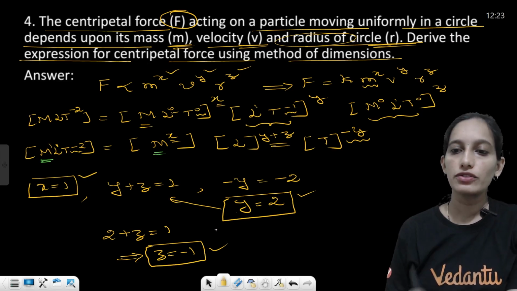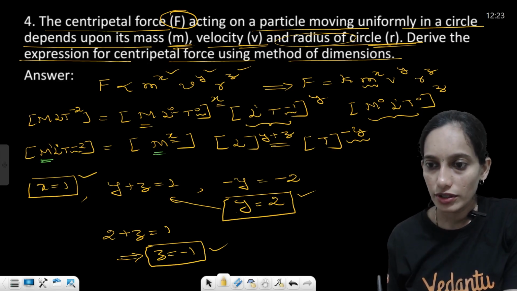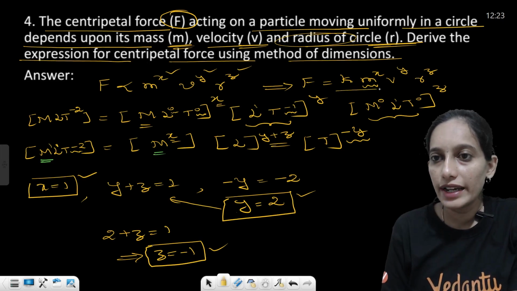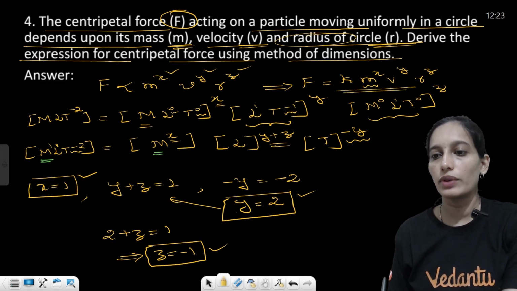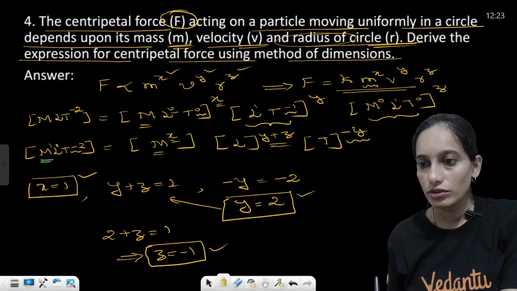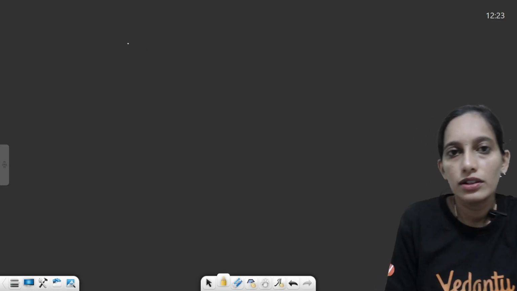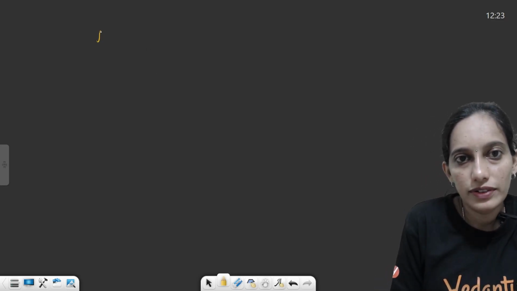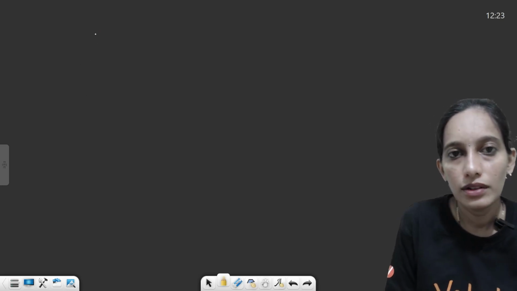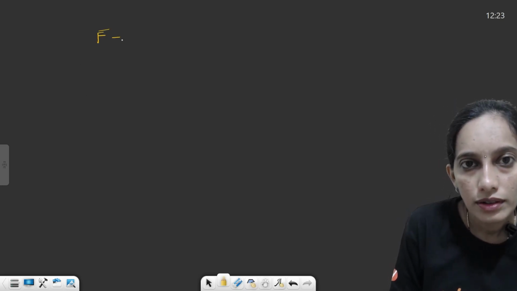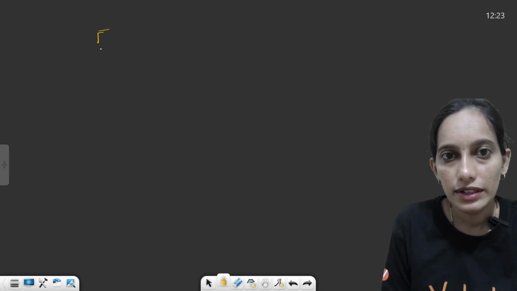Now let's write this in equation form. Let me just write in the next page. What we had taken is F equals k into M raised to x, V raised to y, R raised to z. We will just rewrite that first. One second.